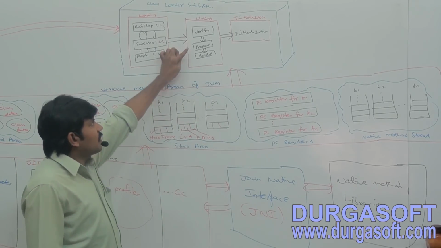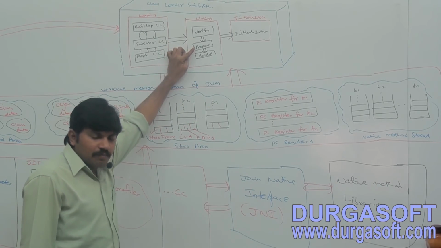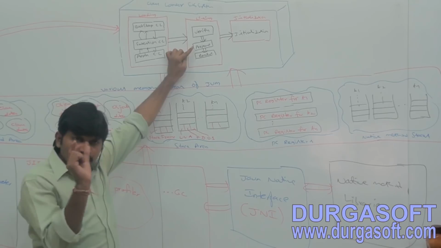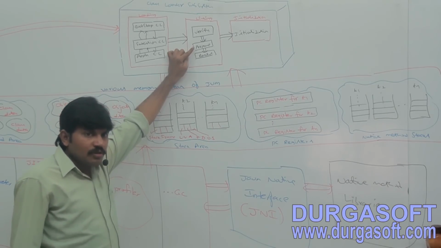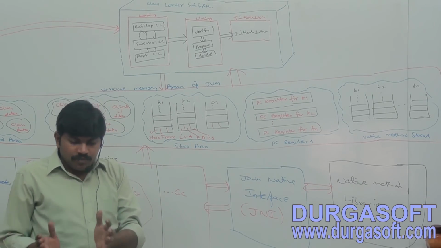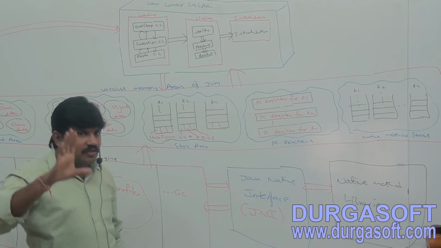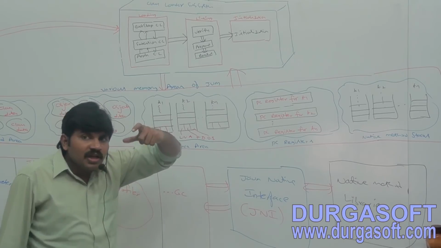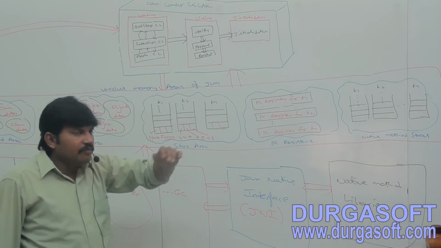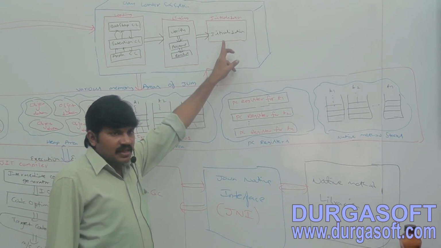Happily, blindly you can execute on any machine because the bytecode verifier is going to take care whether it is valid or not. Next one, after that, prepare. What is the meaning of prepare? For static variables, memory will be allocated and assigned default values, only default values. Original values for static variables will be placed inside initialization, right?